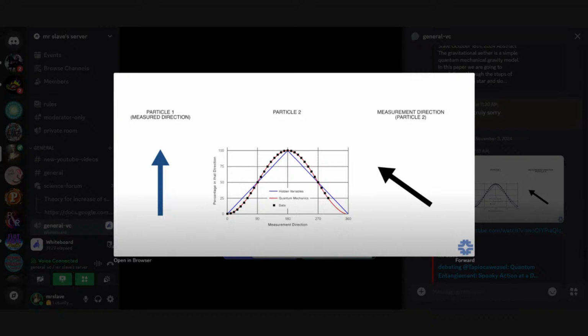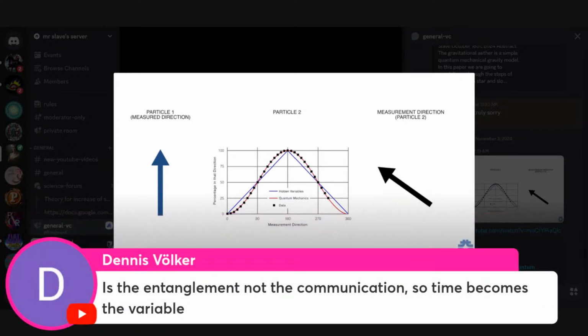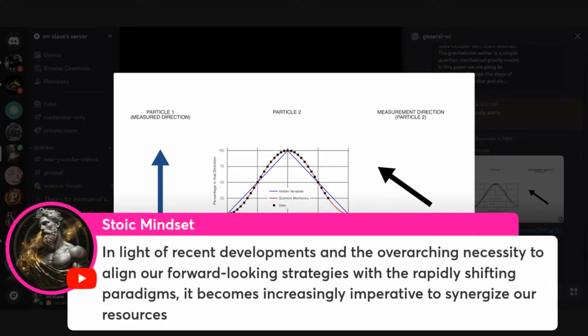Wait one second, we have a comment from Stoic Mindset. Let me just respond to the comment section. Oh, and also we have Dennis Volker, a new guy. Is the entanglement not the communication, so time becomes the variable? I don't know what you mean.